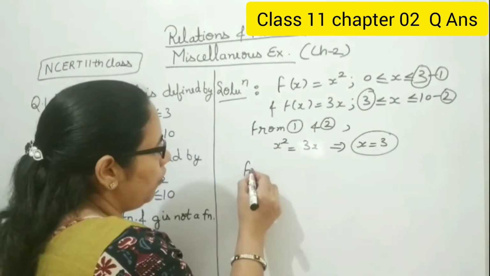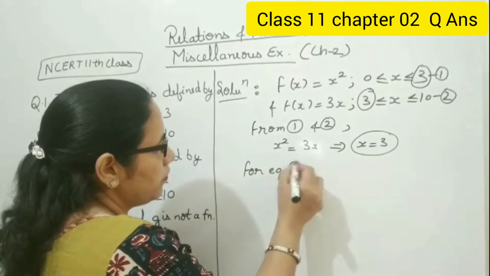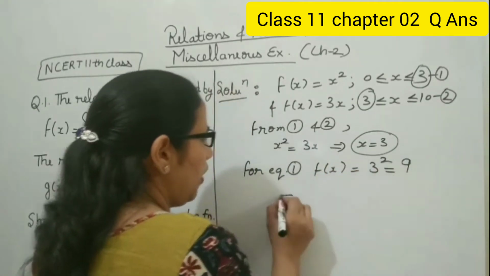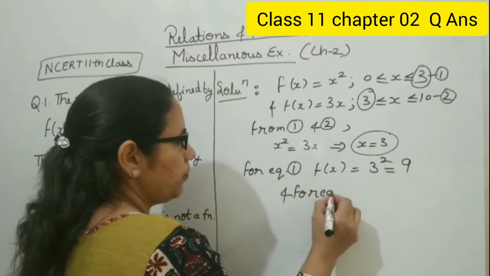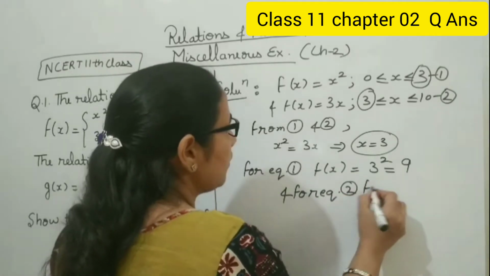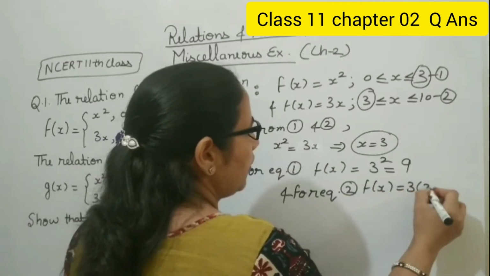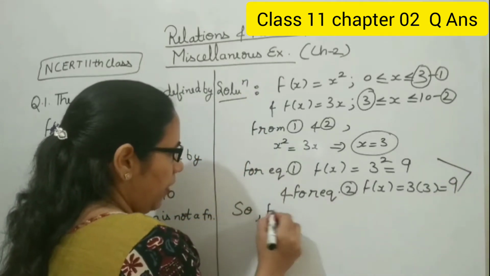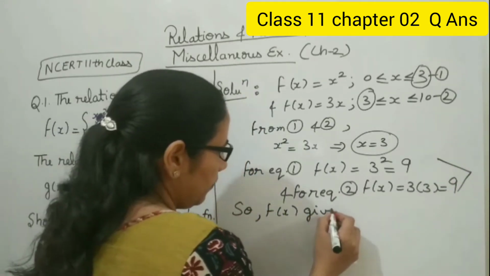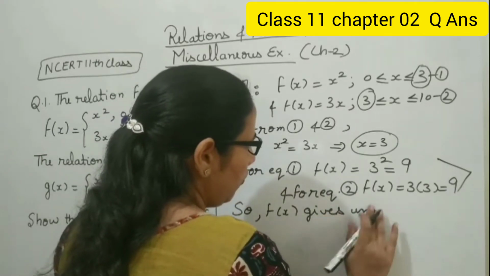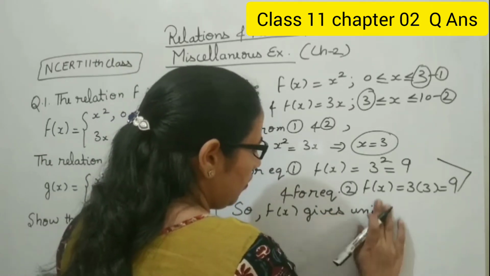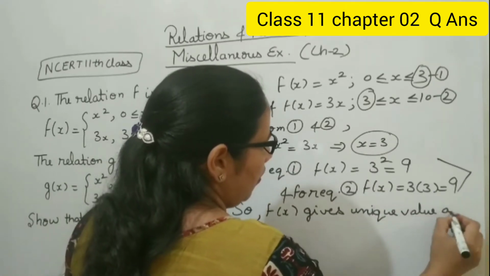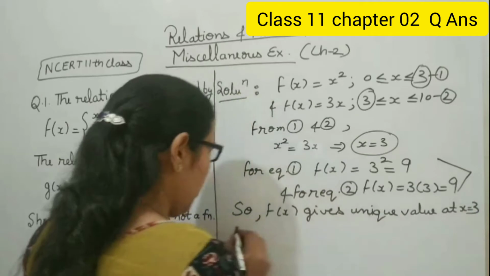So for equation 1, fx is 3 square, 9, and also for equation 2, fx is your 3 multiplied with 3 is 9. So fx gives a unique value at x equals to 3.